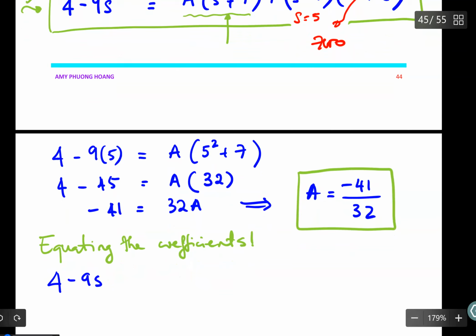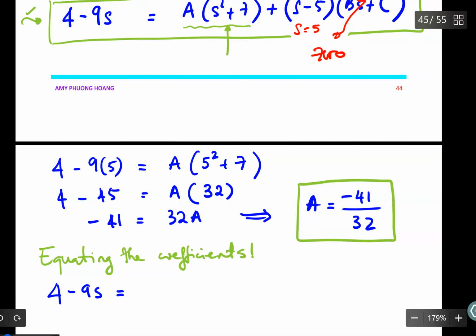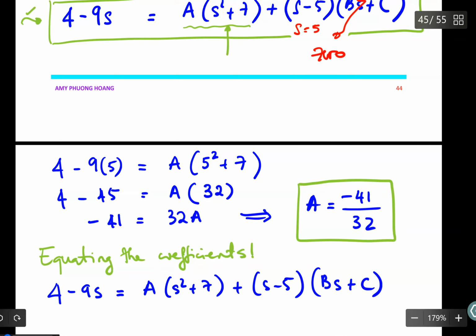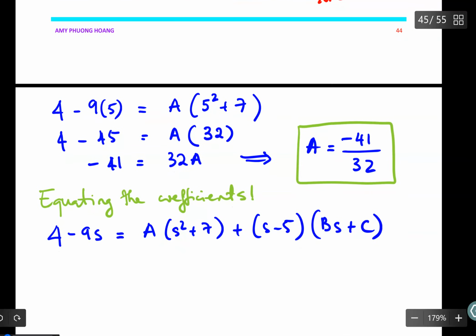4 minus 9s equal to A times (s squared plus 7) plus (s minus 5) multiplied by (Bs plus C). What I have to do is multiply A inside the bracket, so I must expand all of these terms.